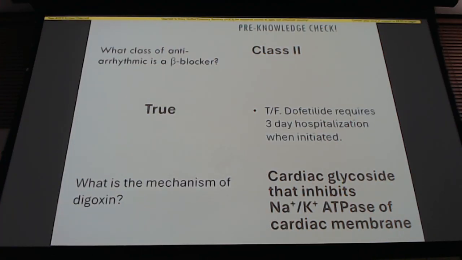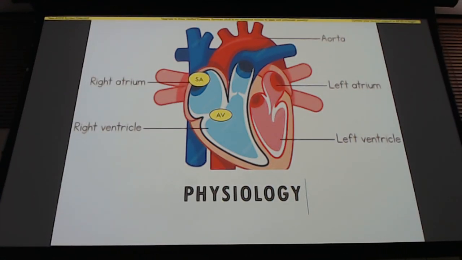The sodium, potassium, ATPase is what's being inhibited. So our levels of intracellular calcium will go up, which will then increase that cardiac output.